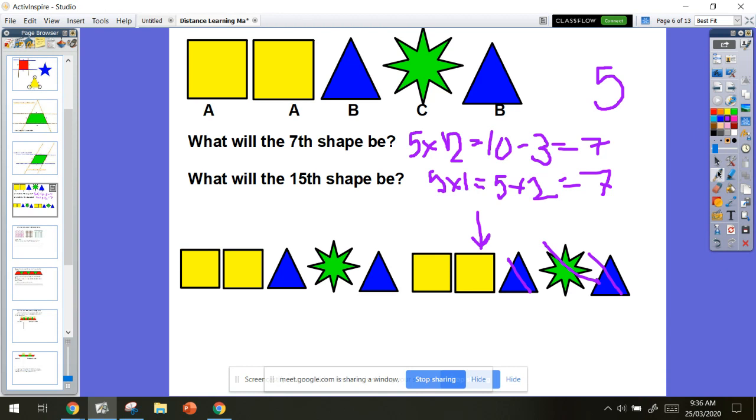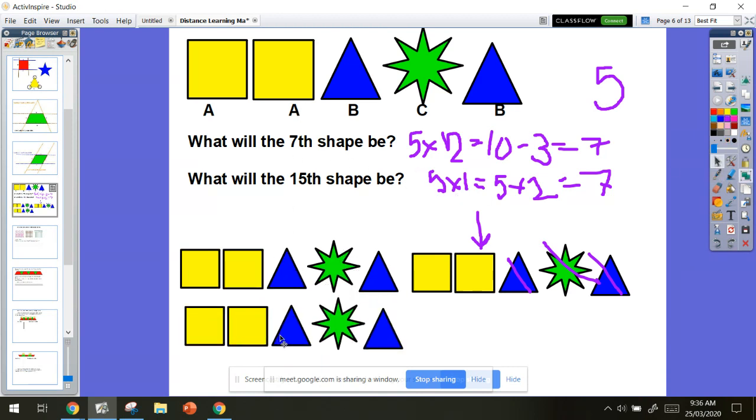Okay, so let's do now the second equation. 5 times 1. And then what do I need to add? Plus 2. Am I going to add the triangle? No, I need to start back at the beginning, right? I need to start here.